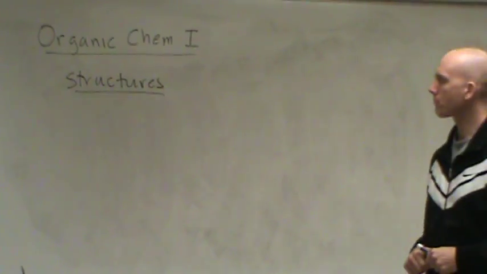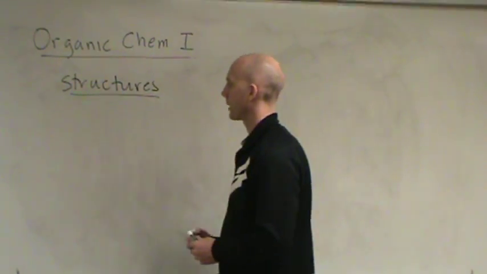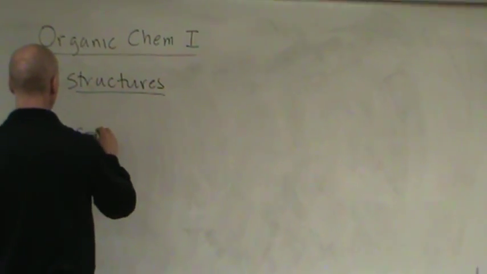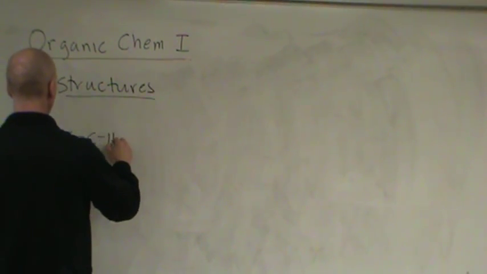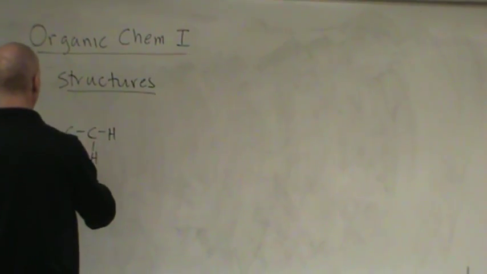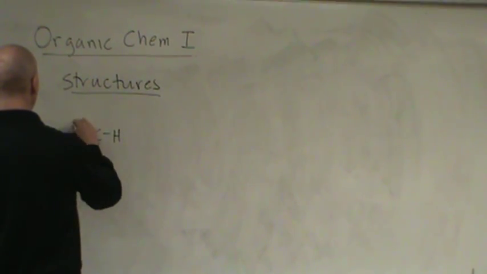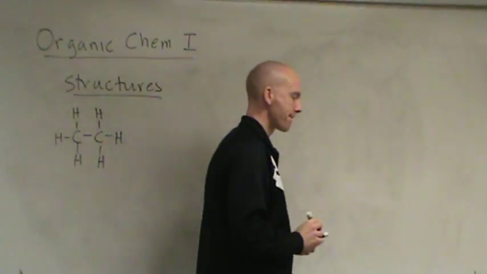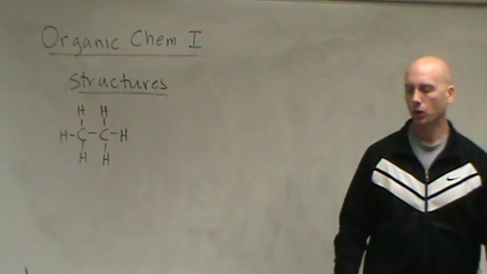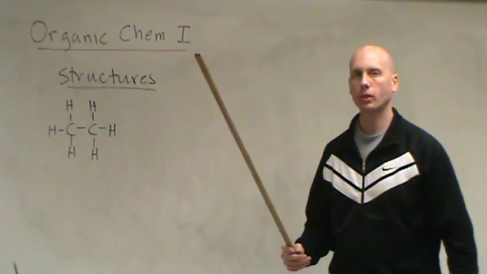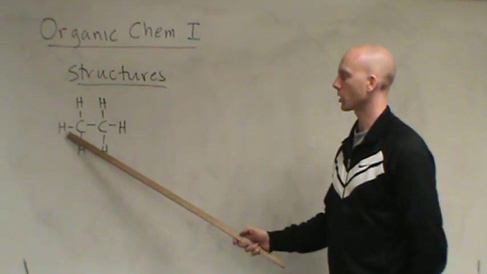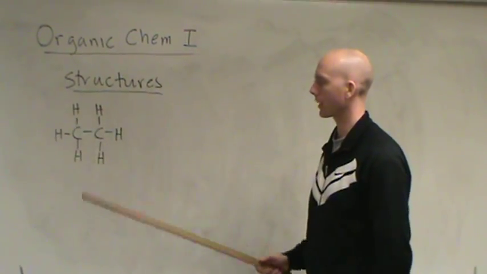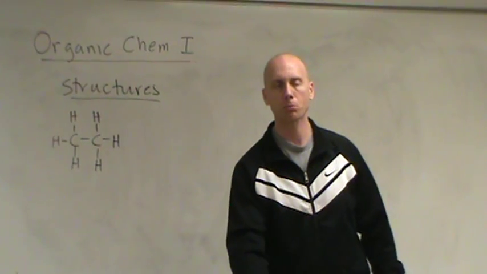Okay? Let's start off by looking at this molecule. In this molecule, we've drawn the Lewis structure, haven't we? Where we've shown all the bonds between carbon and hydrogen. So that would be the Lewis structure.